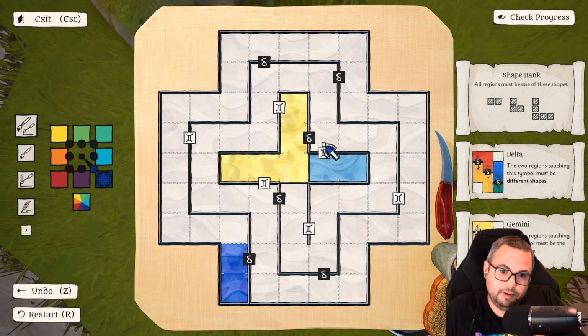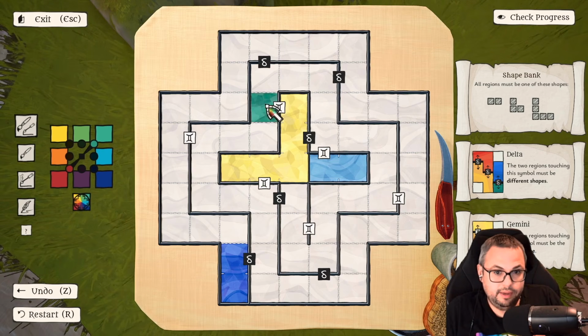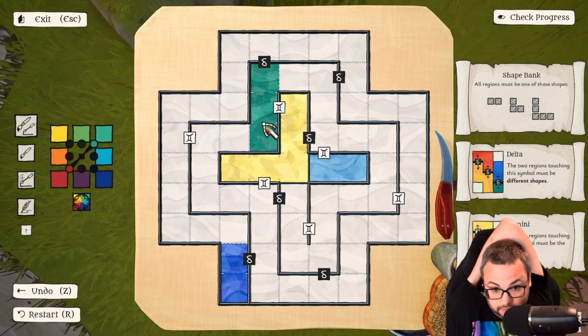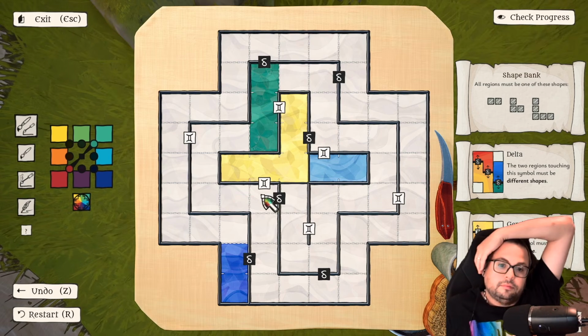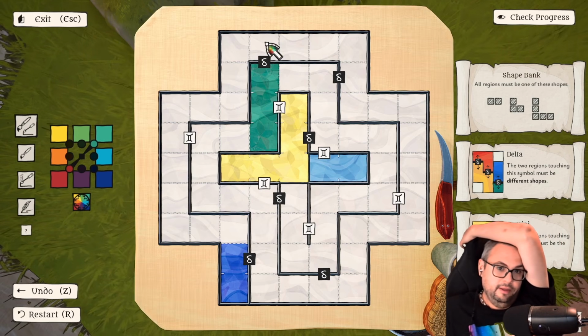So this is a domino, but this is part of a V, which means that all of these are the same. I just don't know which direction. And this is part of a V, but I don't know exactly what to do with that. This isn't a V.